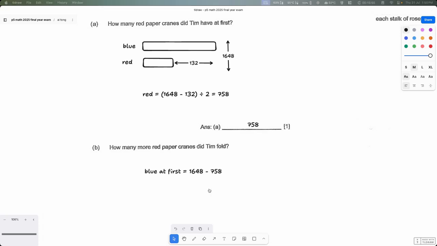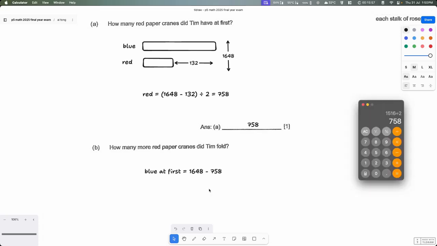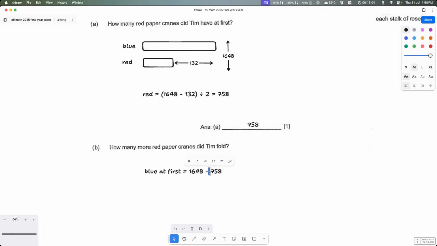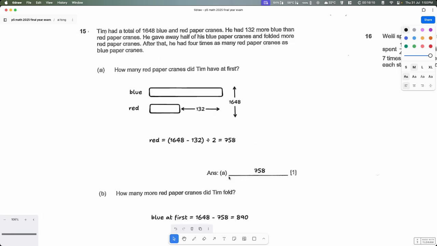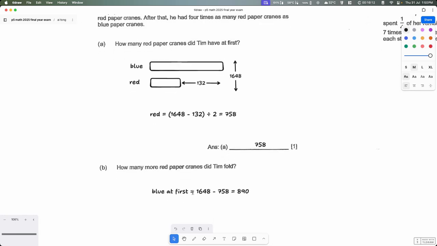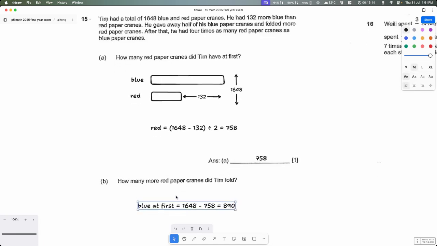Let's do that in our calculator. 1648 minus 758. So blue at first, he has 890.